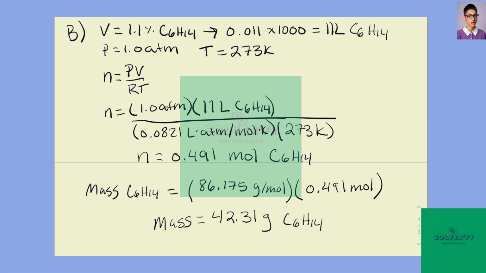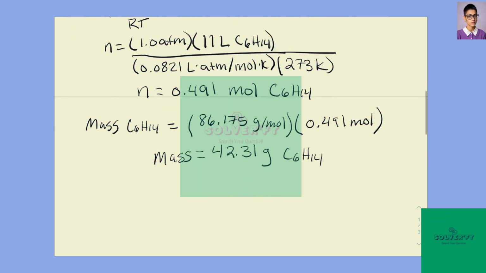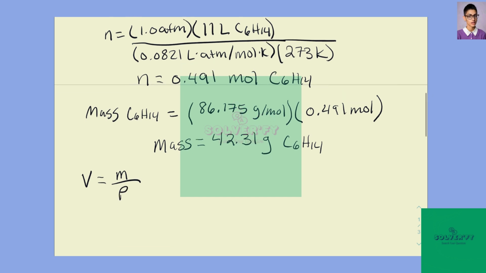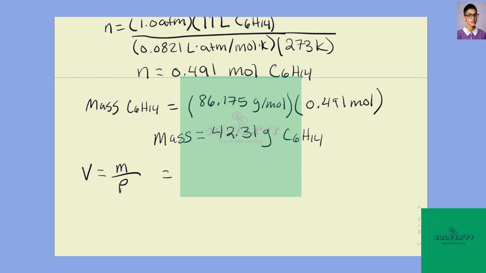So now that we have our mass of hexane, they did give us the density of hexane. So our volume of hexane is equal to the mass over its density. So this is going to equal 42.31 grams over the density, 0.660 grams per centimeter cubed. So grams are going to cancel out, so this is going to be 64.11 centimeters cubed.